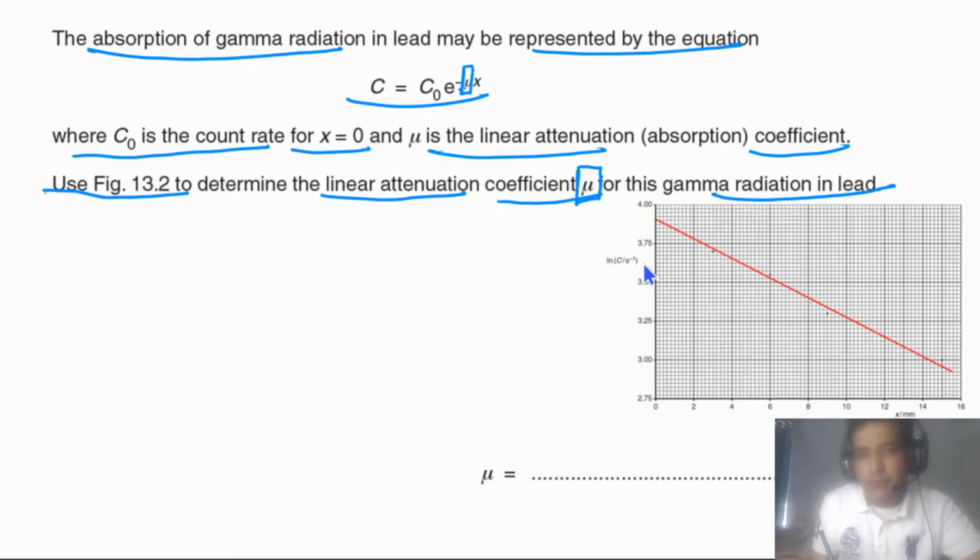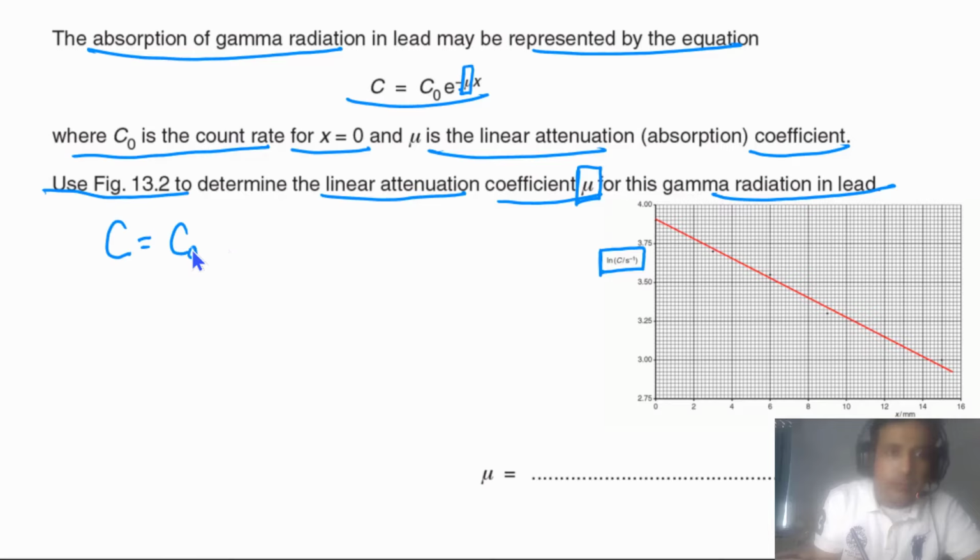But if you look at this figure, we have ln of C on the y-axis. So it means we have to take ln on both sides. So we write C is equal to C0 e to the power of negative mu x. This is the typical equation for an exponential curve.